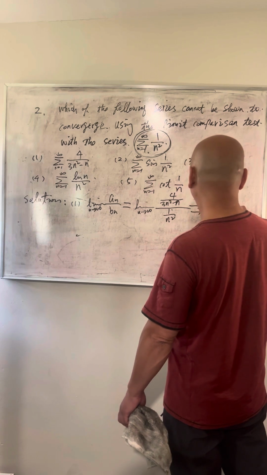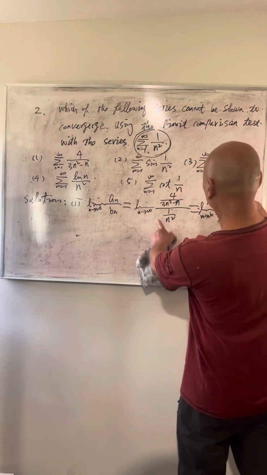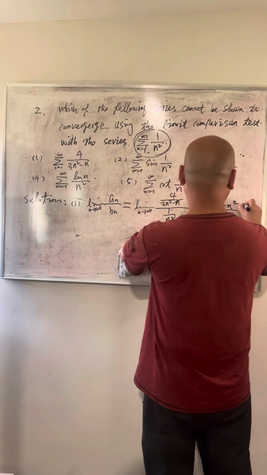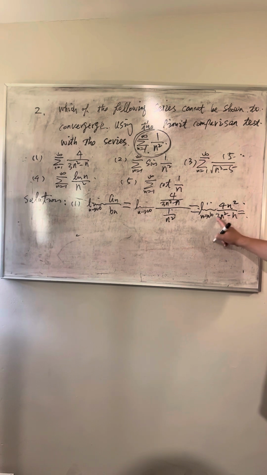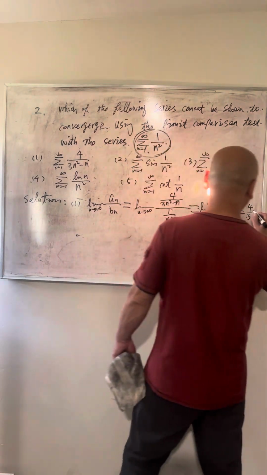Let me get 1, 3 over 4 over 3, which is positive.